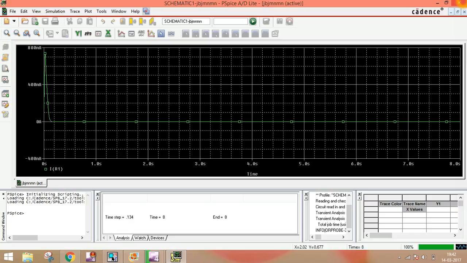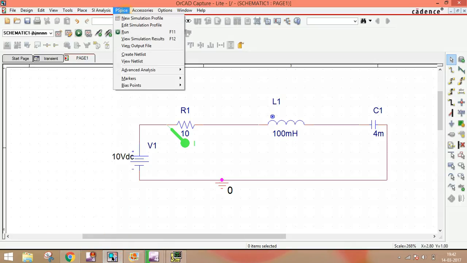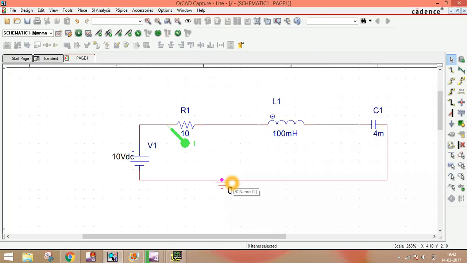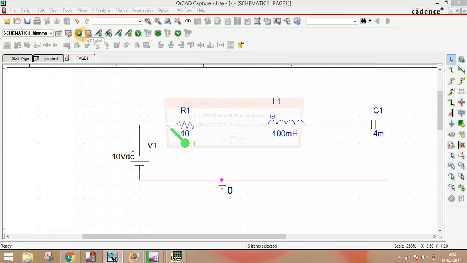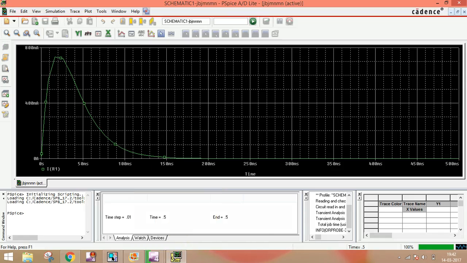In that way you have to choose the value of the last print step. So edit simulation profile, and the run time is simply 0.5. Now simulate and run, and here you can clearly get our graph and see it easily. In this way you can set the value.